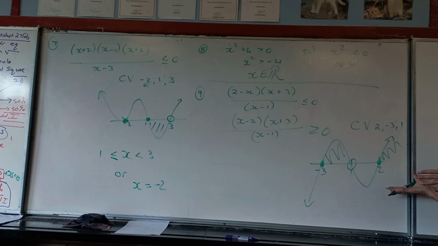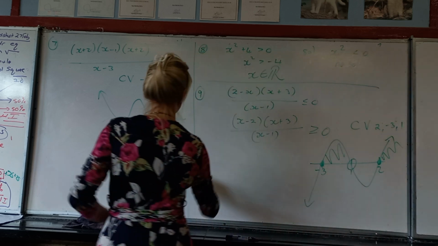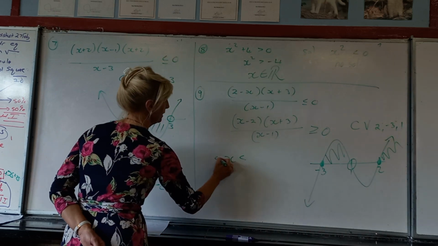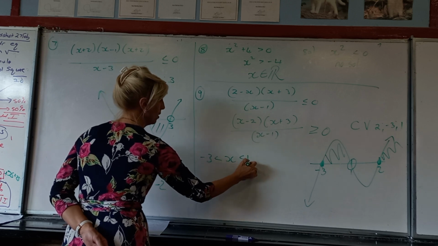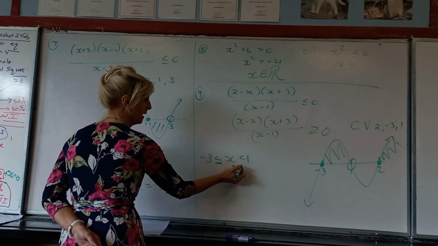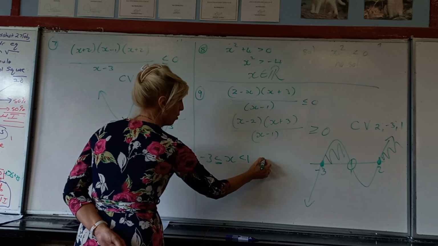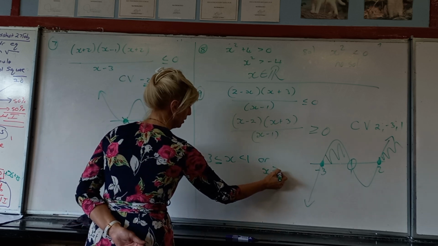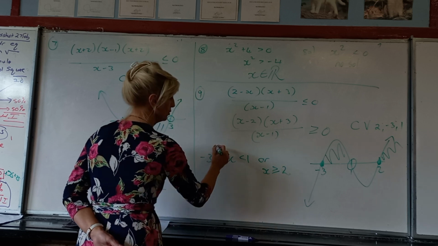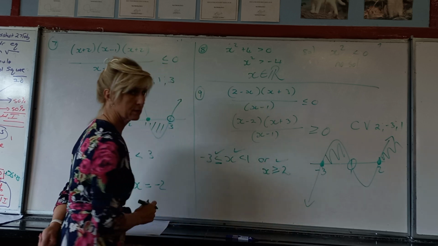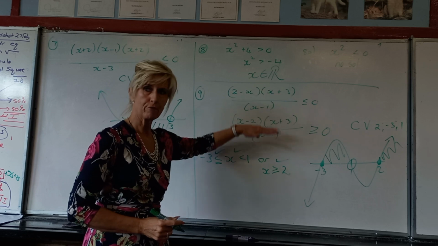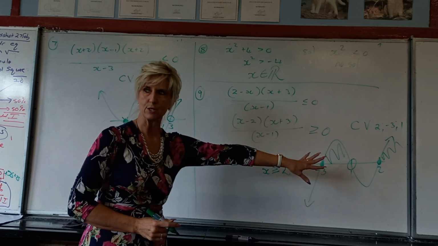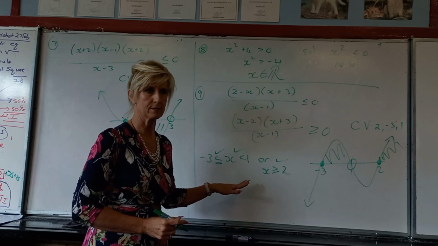So to write this down, do you see that this is a representation of your answer? The x's are between negative 3 and 1, in, out, or x is bigger than or equal to 2. 3 marks. Probably not a mark for this because there are other techniques as well. I just want the answers. Right.